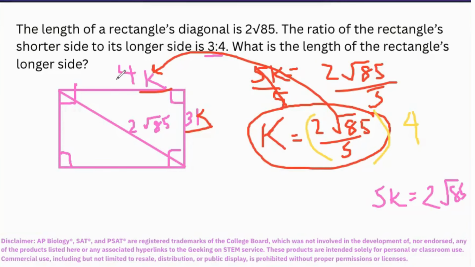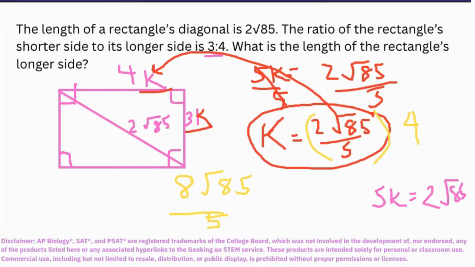When I multiply it through and simplify it in my graphing calculator, or you distribute the 4, you get 8 square root 85 over 5.